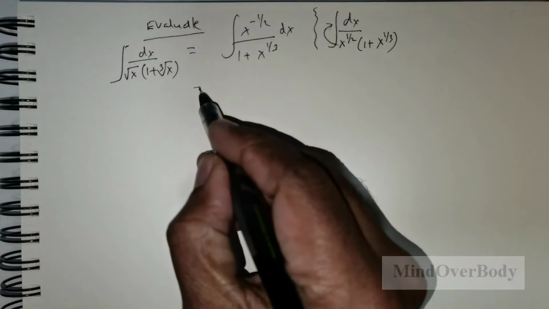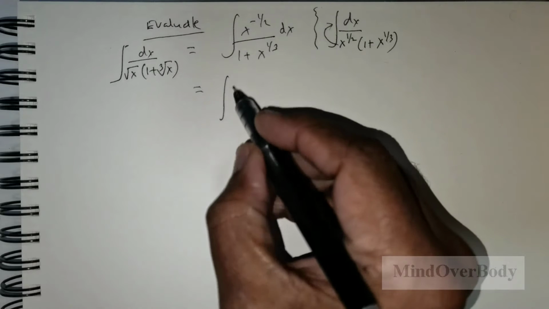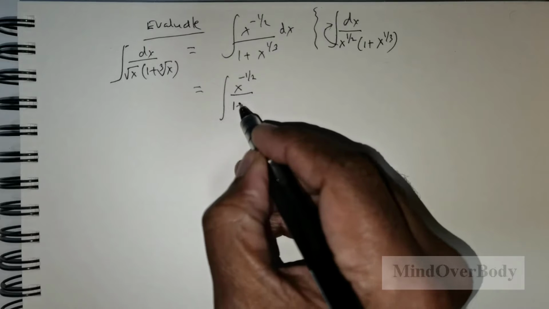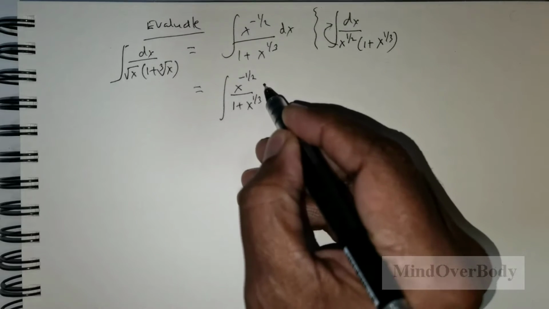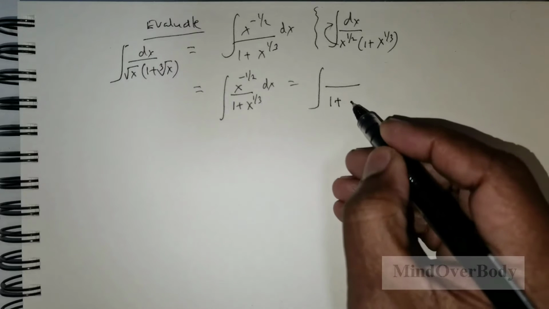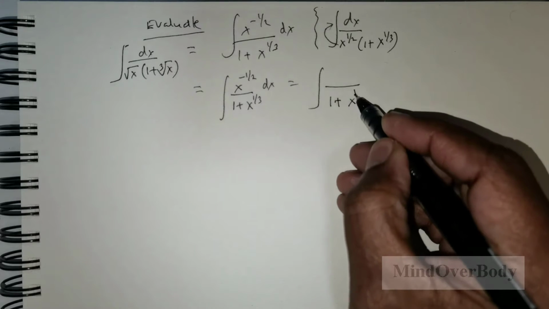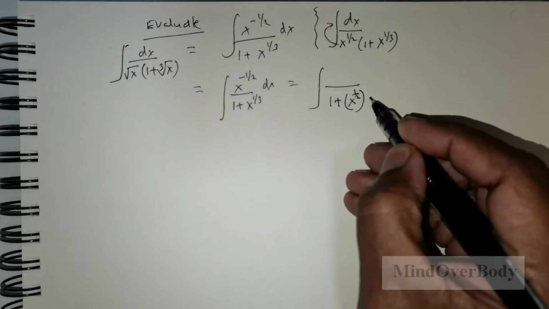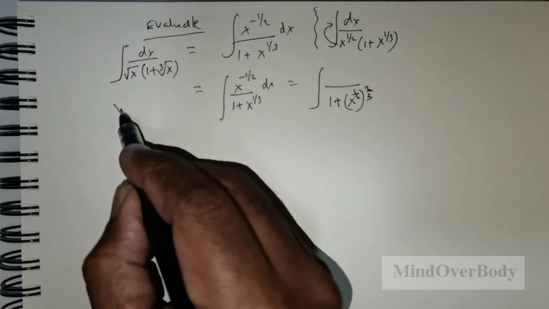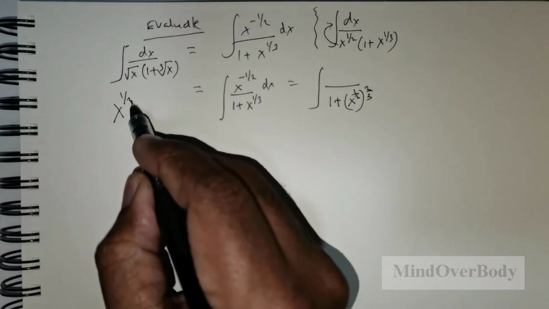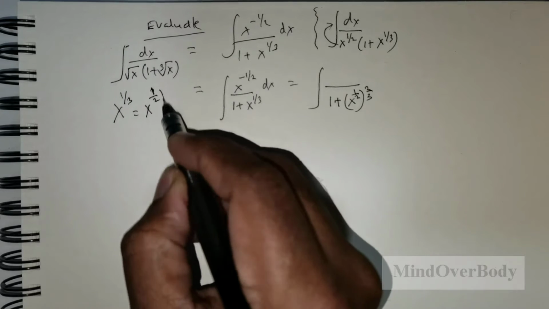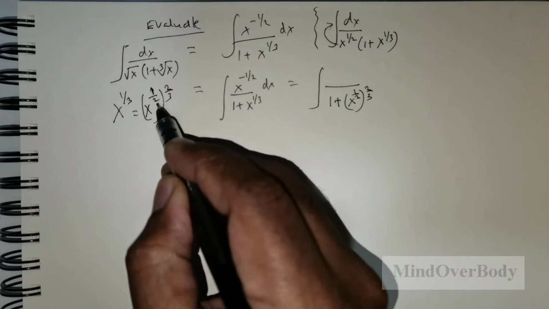So now my objective would be to evaluate x raised to the power negative 1/2 divided by (1 + x raised to the power 1/3) times dx. I've got 1 + x raised to the power 1/3. What I'm going to do is rewrite it as x raised to the power 1/2, raised to the power 2/3. So x raised to the power 1/3 is rewritten as (x raised to the power 1/2) raised to the power 2/3.